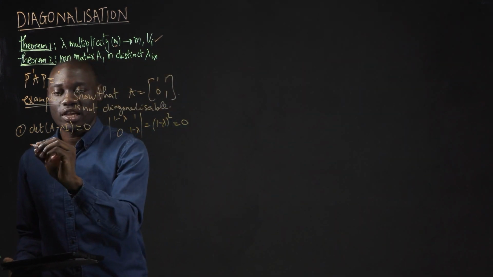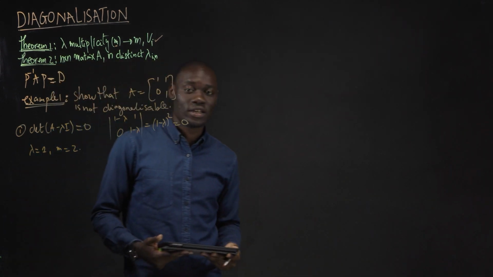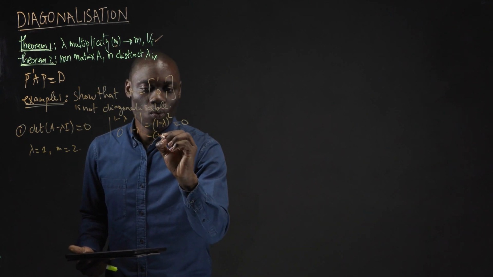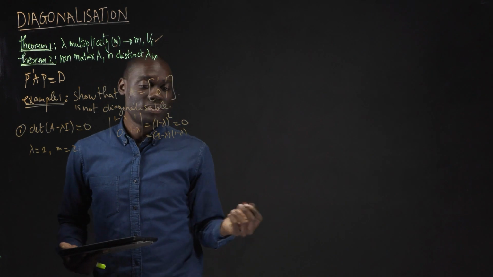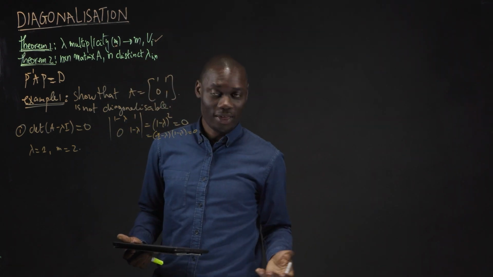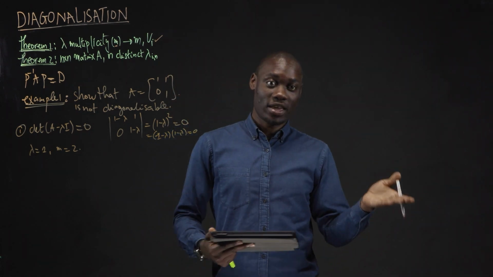So what do we have here? Lambda equals 1 with a multiplicity of 2. I hope you understand, because this is 1 minus lambda times 1 minus lambda, so we have lambda equals 1 twice. Now after finding the lambdas, we find the corresponding eigenvectors.